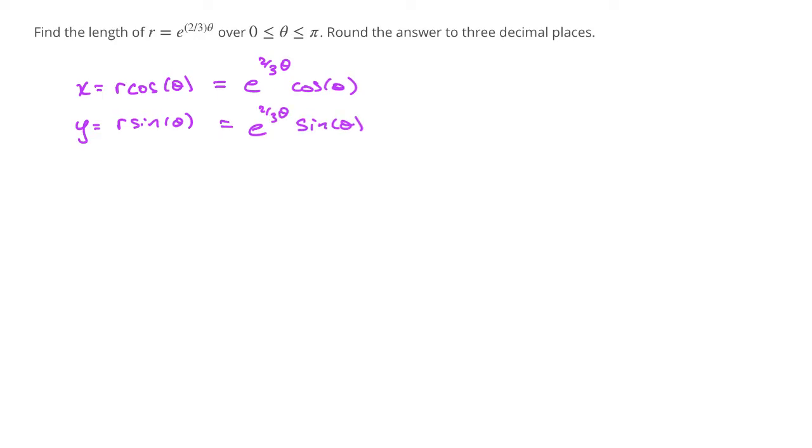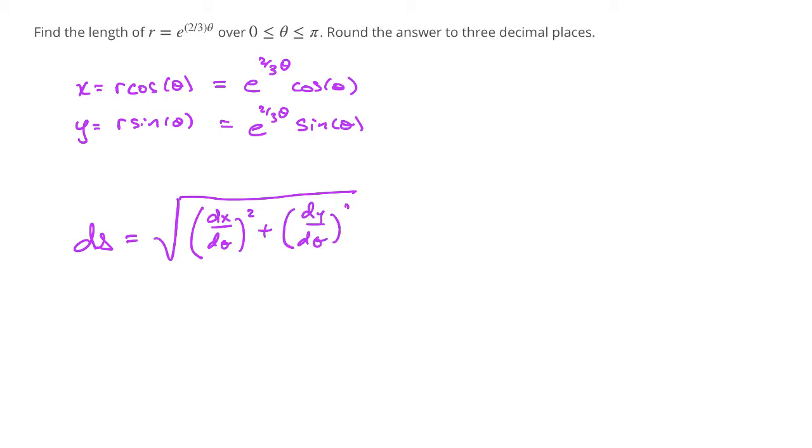Now, stopping to remember what our arc length differential form was, our ds was going to be the square root of the square of dx d theta squared and dy d theta squared d theta.